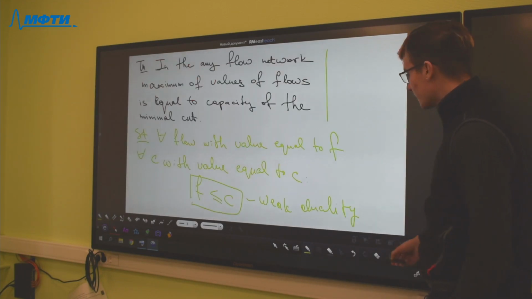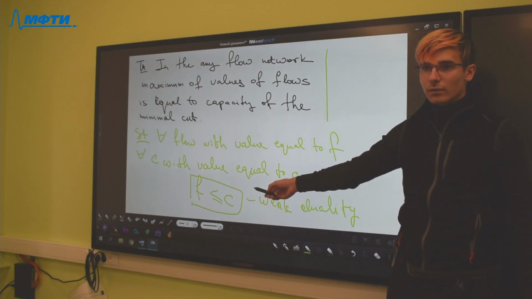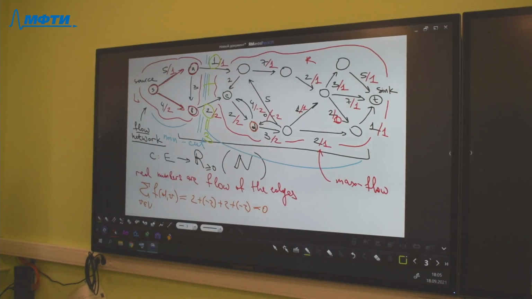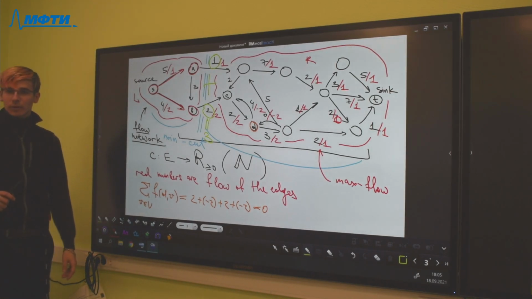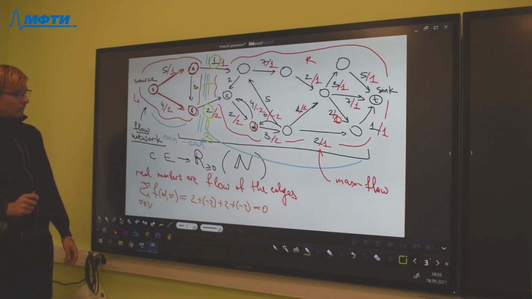We get equality at this moment, and then we say that it is the minimal and maximal cut and flow respectively. Understandable? Yes. Okay.